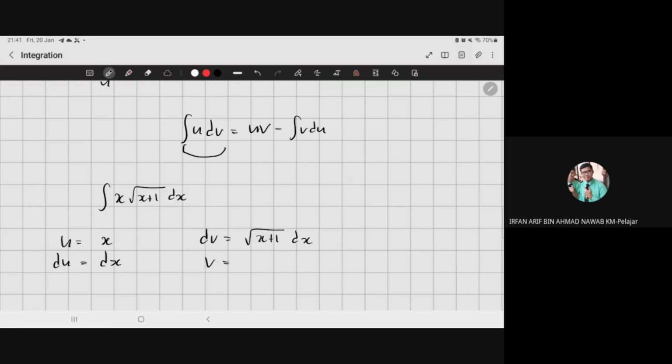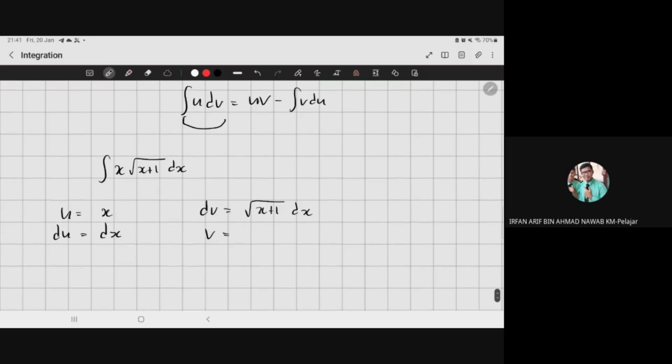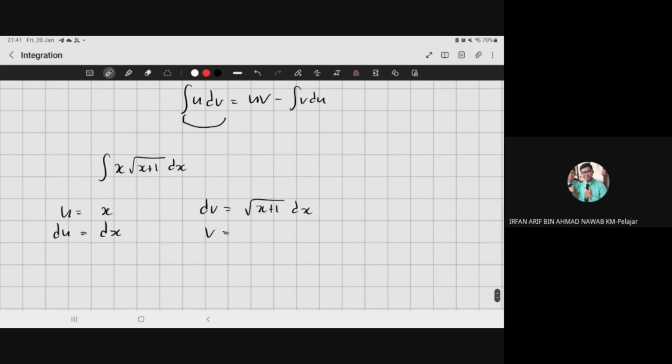So v should be, let me remember, 2 times x plus 1 to the power 3 over 2, over 3.